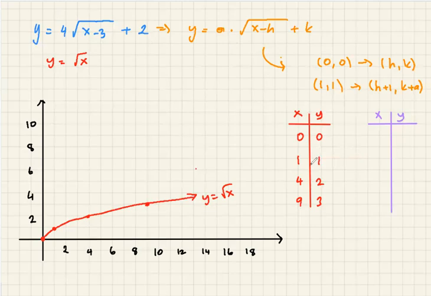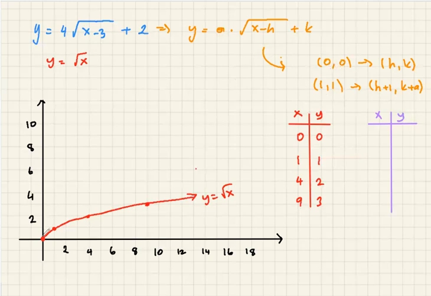Now we'd like to see how the parent function will help us get the graph of this one. I'd like to remind you of this as well, which is not something you have to memorize, but it's good to know. It's also a result of exploration with graphing, which takes time.